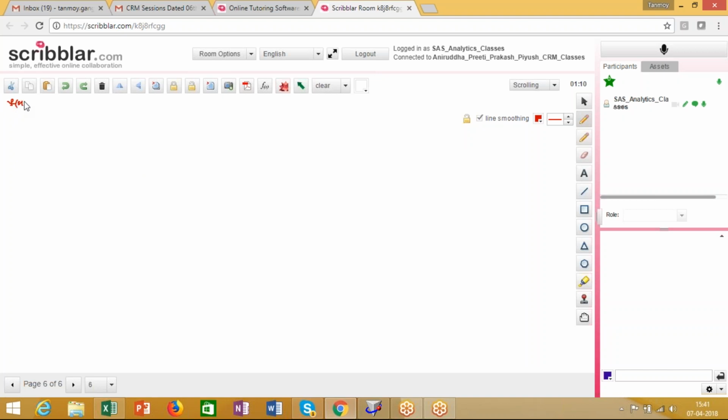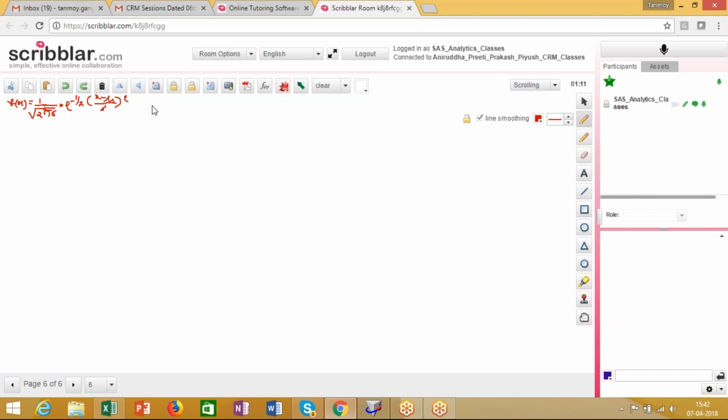So f(x) equals 1 over root 2 pi sigma, into e to the power of minus half, x minus mu by sigma, whole square.